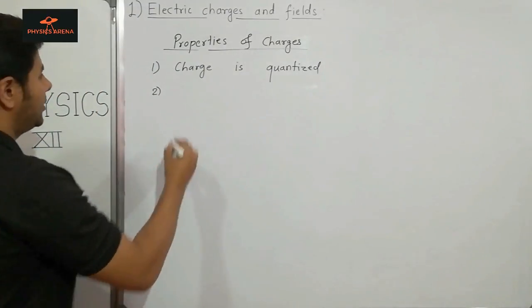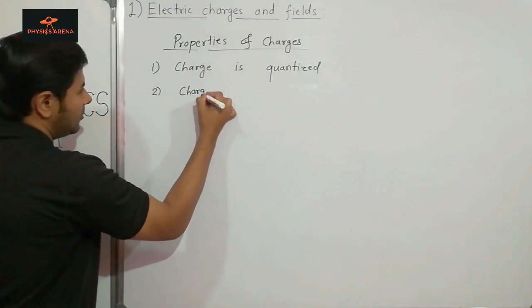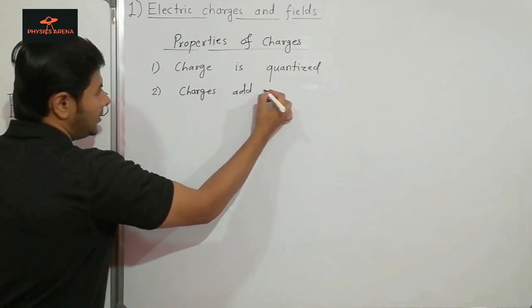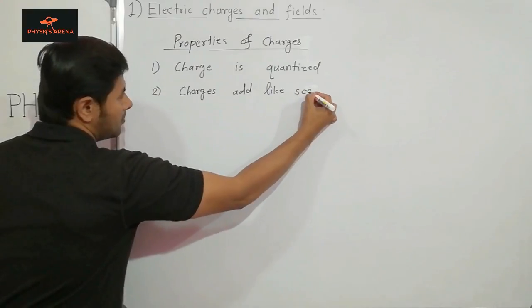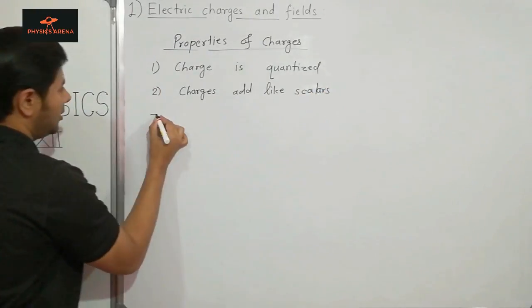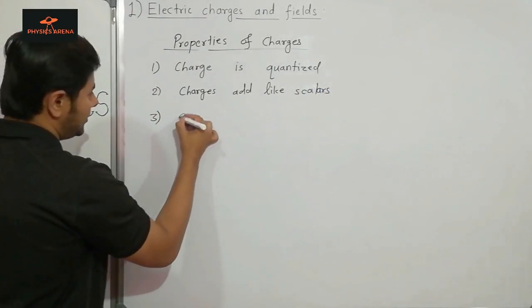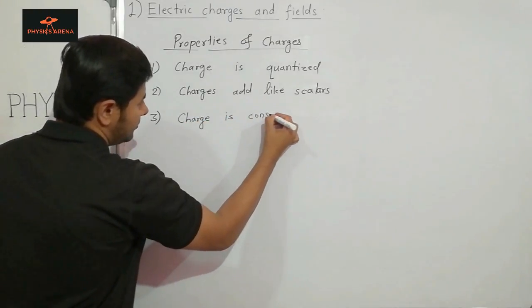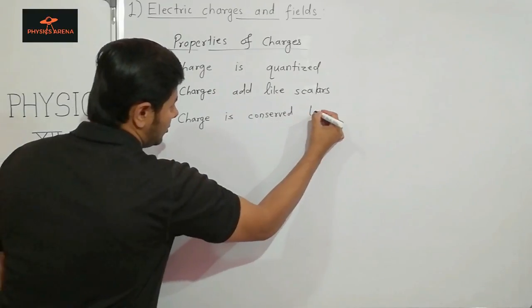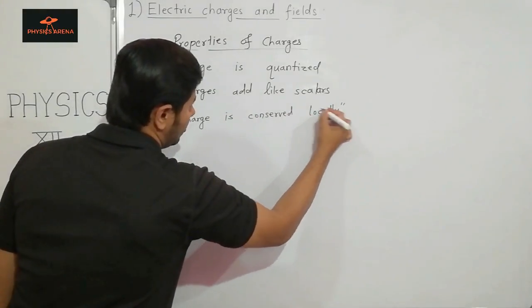Second one is charges add like scalars. And the third property is charge is conserved locally.